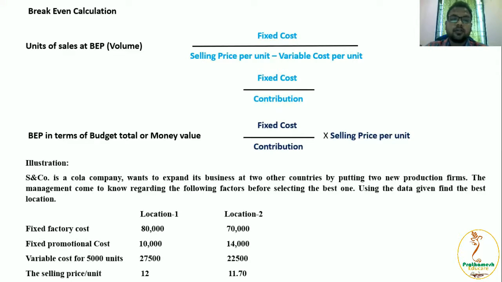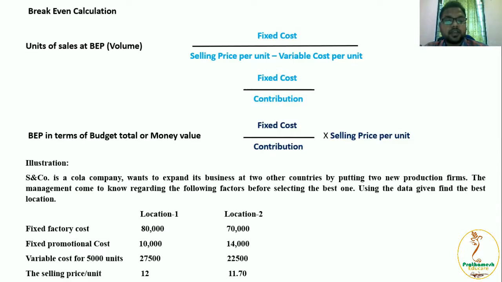So let us go through this problem. S and Co is a cola company that wants to expand its business to 2 other countries by putting up 2 new production plants. The management has come to know the following factors. Before selecting the best one, using the data given, find the best location.